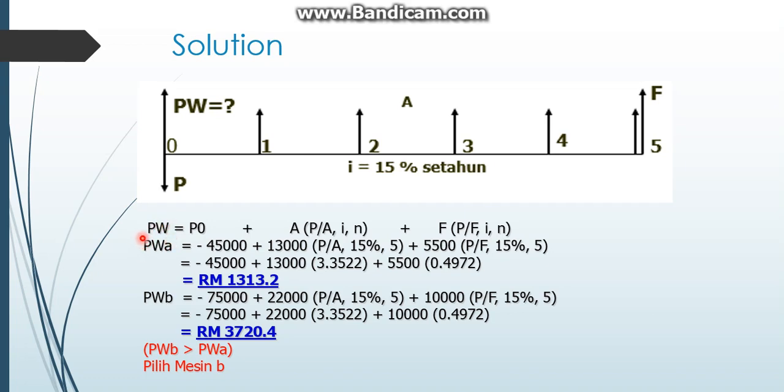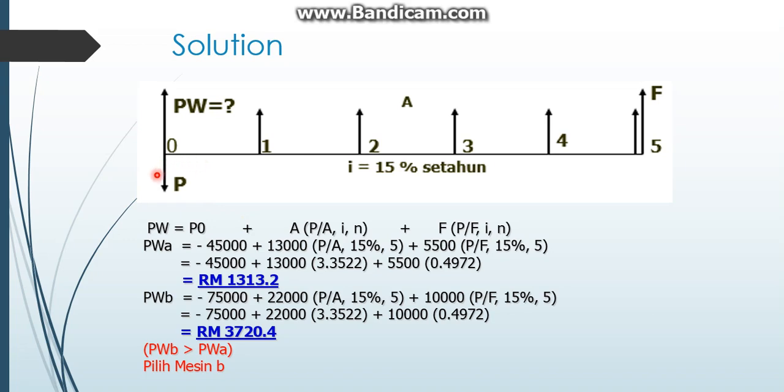To calculate the PW, we use this formula: P0 plus A times the factor, plus F times the factor. For machine A, P0, the present value, is negative 45,000, which means that the money is going out from the company.